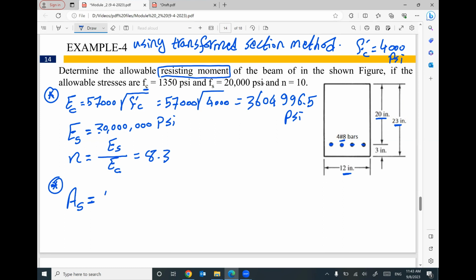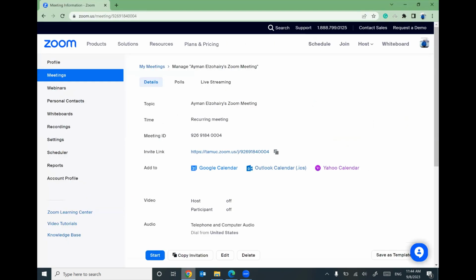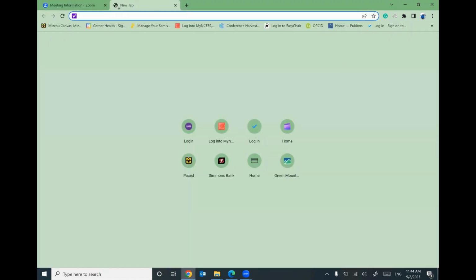So I will multiply 4, which is the number of bars, times the area of number 8. I need to open a table. Anybody has this table right now? Do you have the table? Not at the moment, but I can pull it up. Okay, just a second.